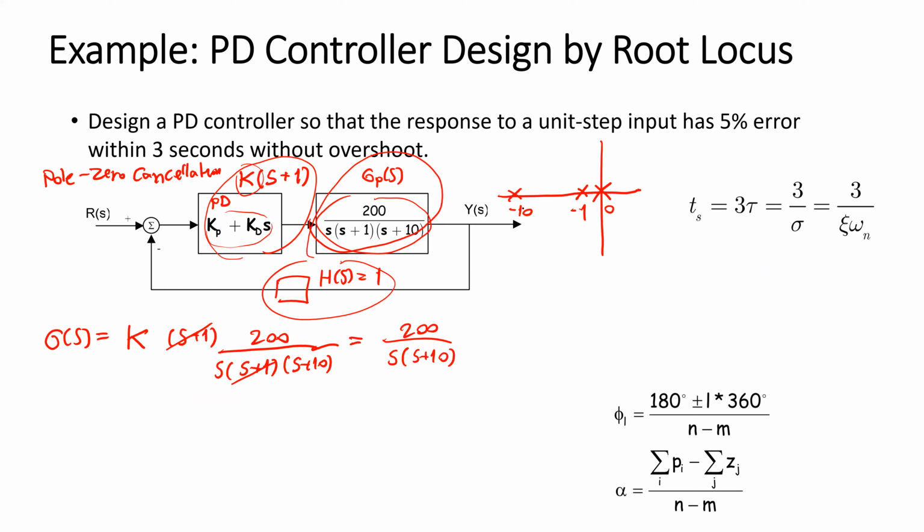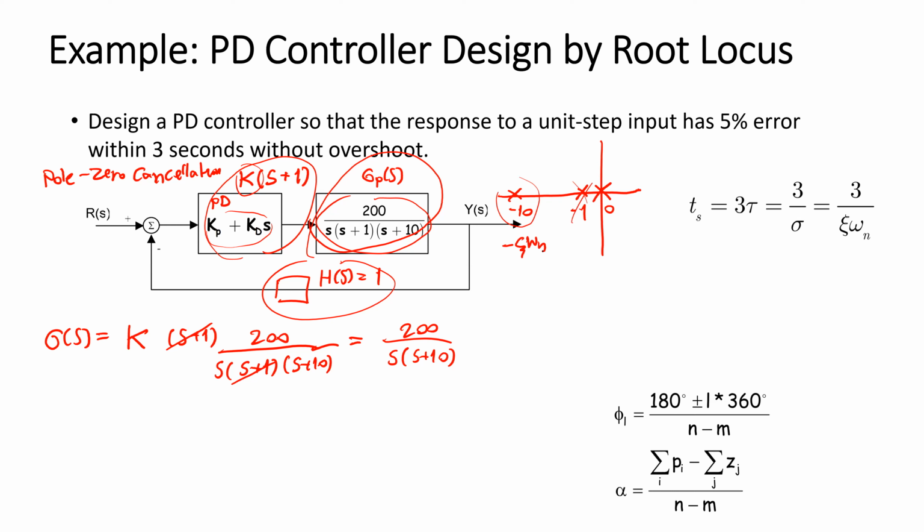Why did I decide to cancel -1? What is the reason that I need to cancel the -1? Between -10 and -1, if we cancel the -1 and just leave -10, the system itself is fast.